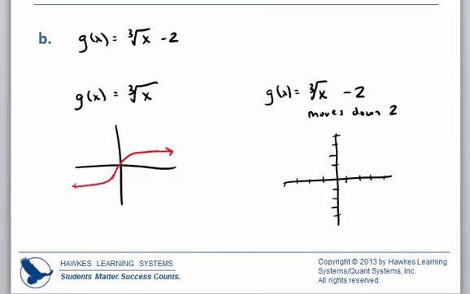So instead of that graph crossing at the origin, it's now going to cross right about there. We can come down and sketch out that graph, and have it be something like that.